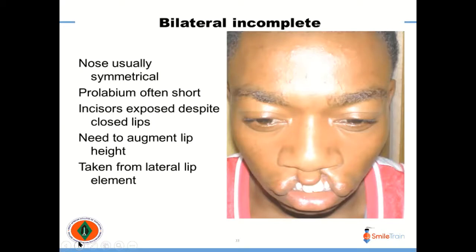You will need to get extra skin, so you will take it from the lateral lip element. When you are digging out the vermilion, you will take some extra skin. You would have measured to have an idea what measure of skin you will need to take. So the deficiency of height becomes the extra width that you will take on both sides laterally.